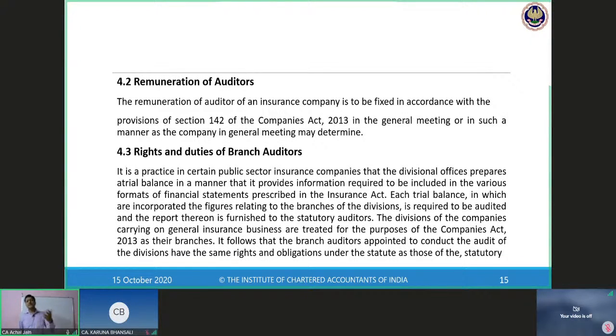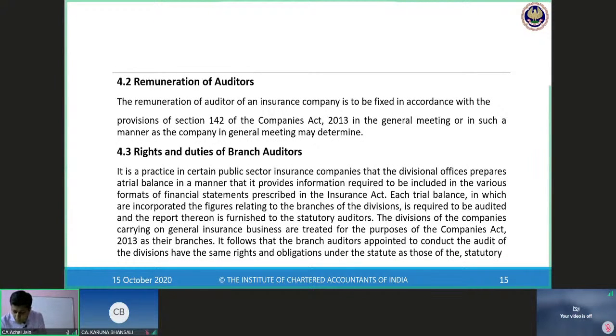But still, in case of some entities, in the nature of the public sector, they may have branches wherein certain components of financial reporting could be decentralized, and this will become more important for us. It's a practice in certain public sector insurance companies.